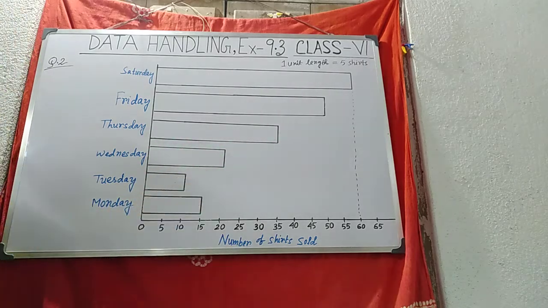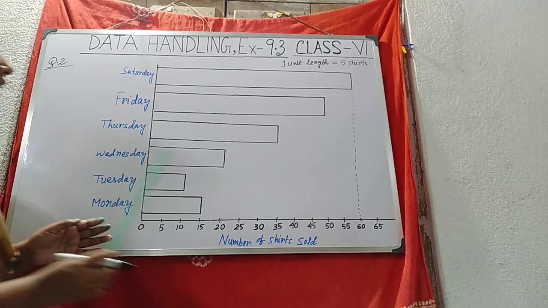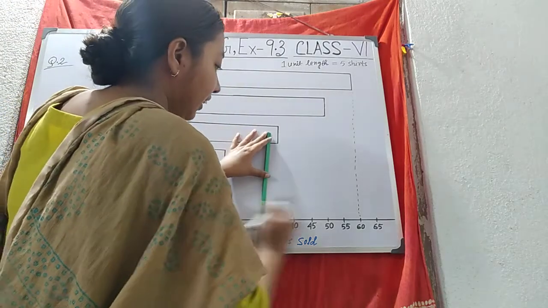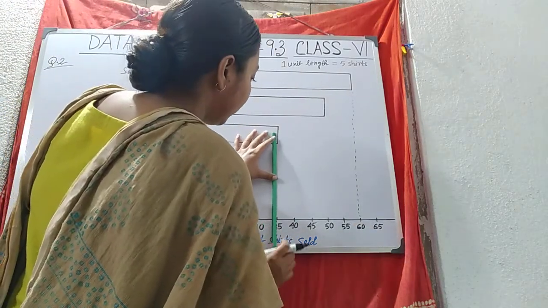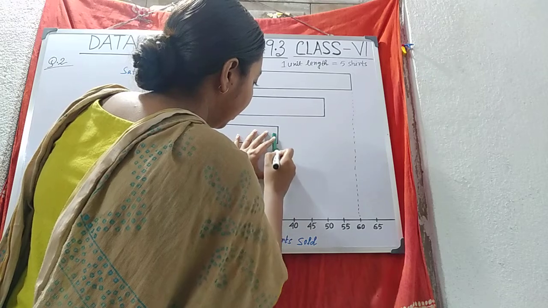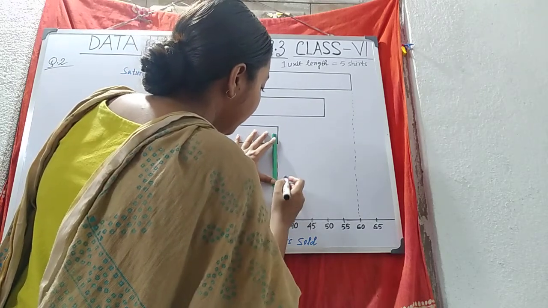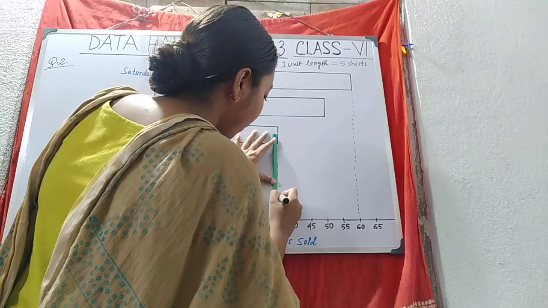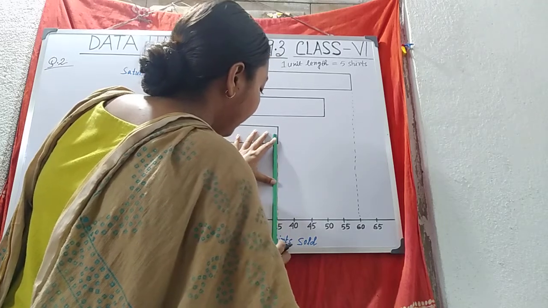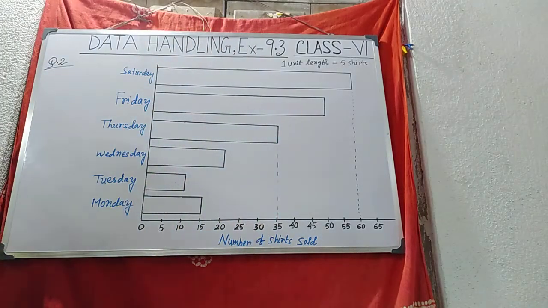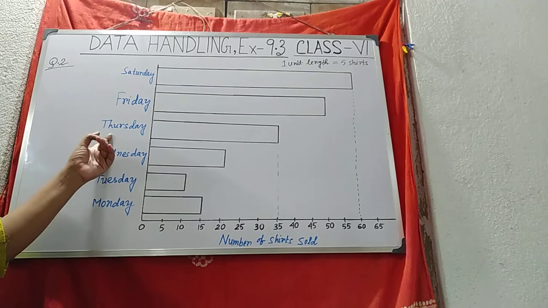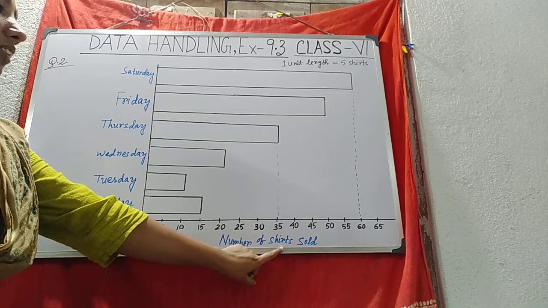So we have to draw a dotted line from this bar to the given horizontal line for getting the required number of shirts which were sold on that particular day. From the dotted line we can see that on Thursday 35 shirts were sold.